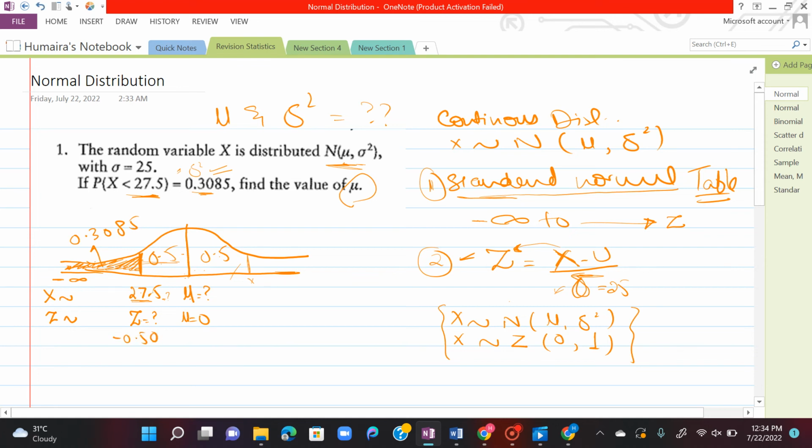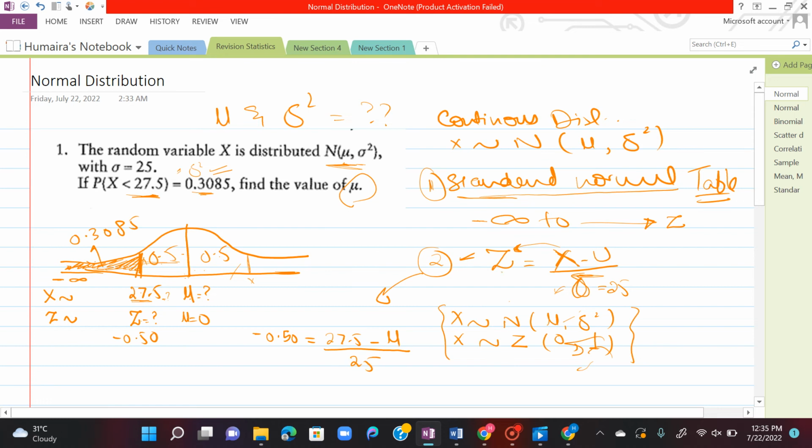So I have x and I have z for the same position. Once I have this, I can go to this formula and plug in over here the z value, which is minus 0.50, equals x, which is 27.5, minus mu, I don't know mu, upon sigma, which is 25.